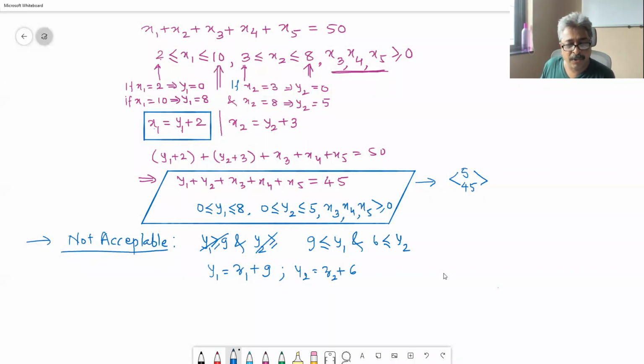Now, one at a time. If we take y1, because of y1, how many cases do we want to remove?